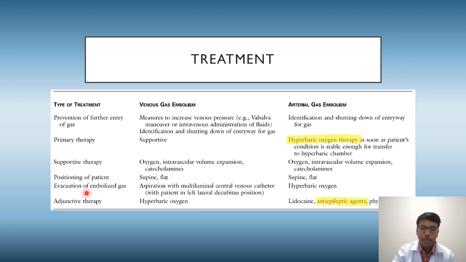And the adjunctive therapy can be lidocaine, which is an anesthetic or a type 1B anti-arrhythmic agent, and anti-epileptic agents, and physical therapy. Anti-epileptic agents are given for any patient who has developed seizures, and physical therapy for any patients with residual focal weakness.